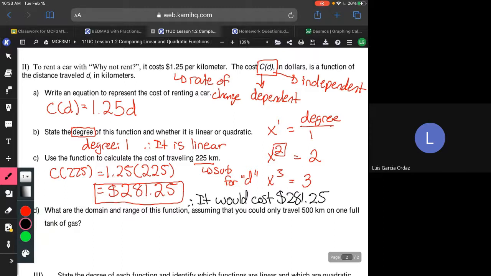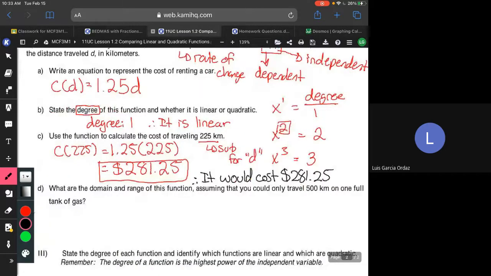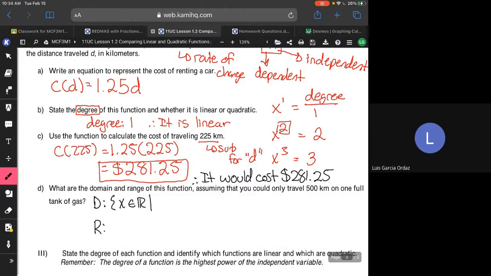Okay. So now we need to figure out my domain and my range. So what is the domain and the range of this function, assuming that you can only travel 500 kilometers on one full tank of gas? So what would my domain be? Let's see. So again, it's going to be x ∈ R, such that what is the minimum?